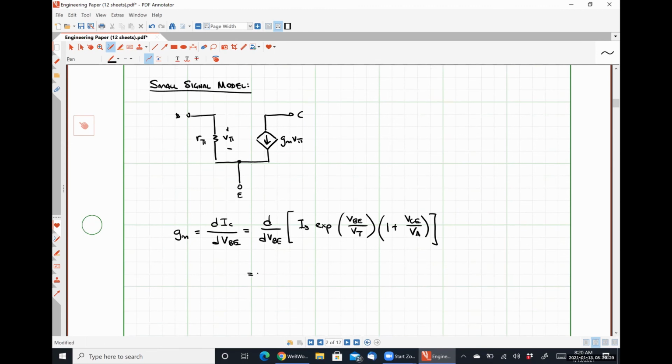When we do the indicated derivative, the only thing that comes out is IS over VT EXP VBE over VT times 1 plus VCE over VA, which looks like IC over VT, our original definition for our transconductance. So transconductance does not change.